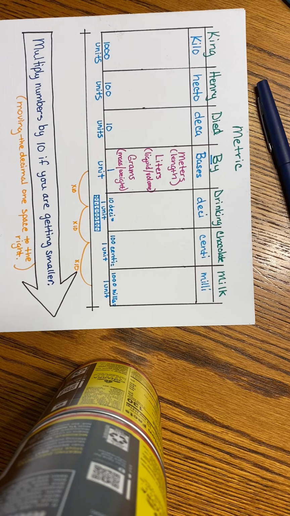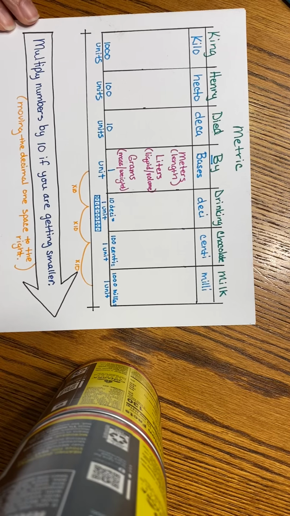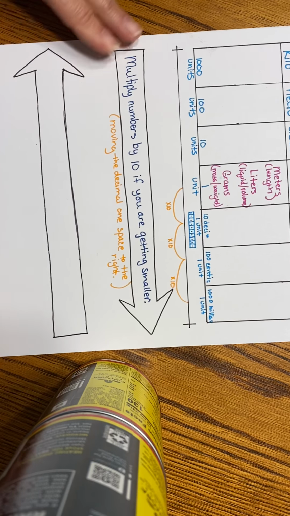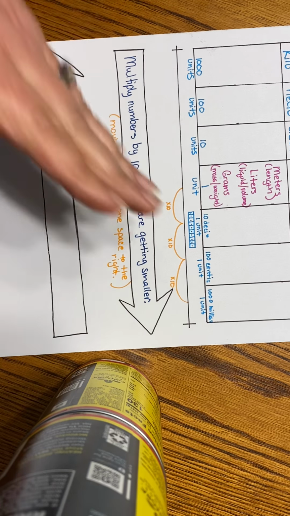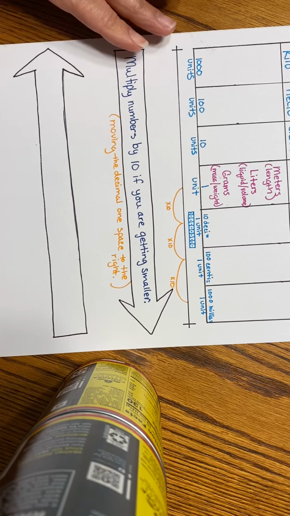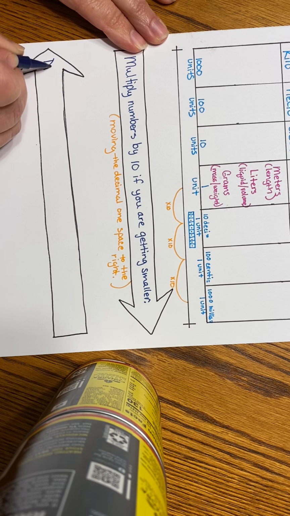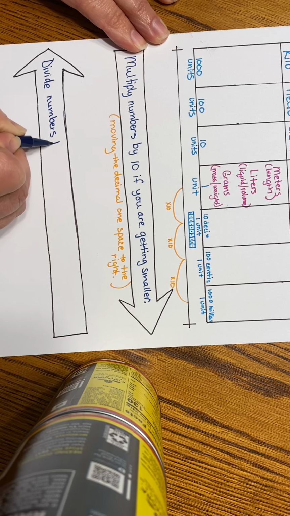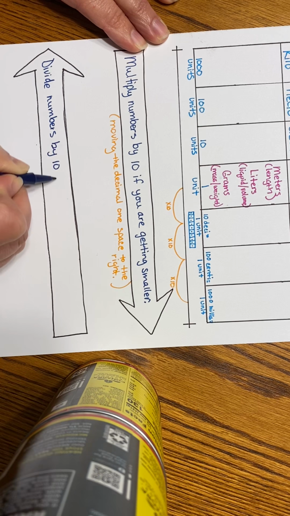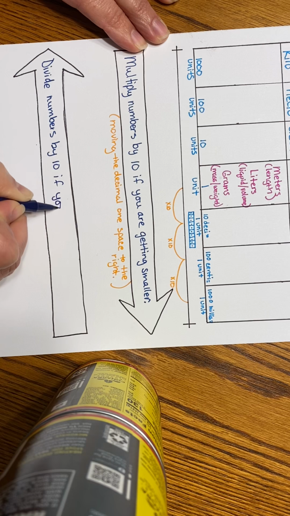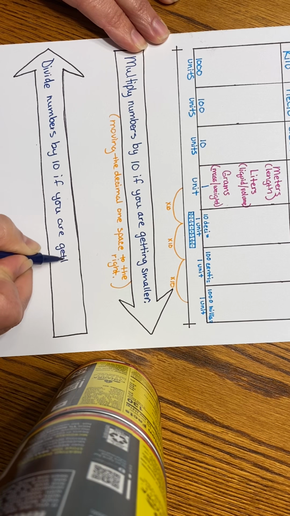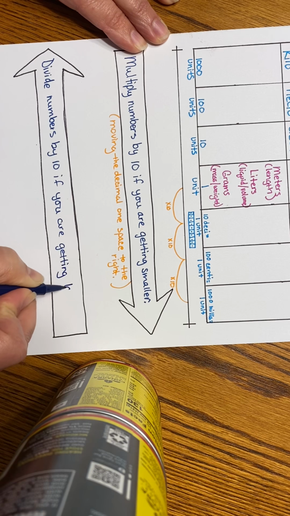well, but what's the opposite of multiplying? Well, that would be dividing. So if we're going to go to the left, we're going to divide numbers by 10 if you are getting larger.